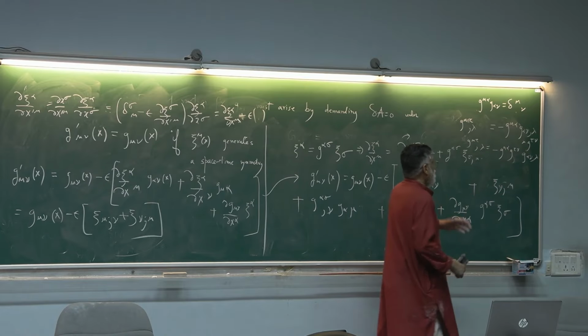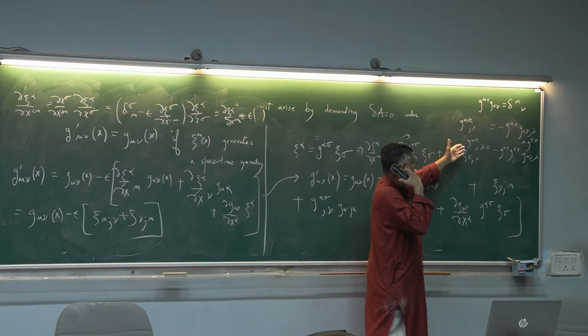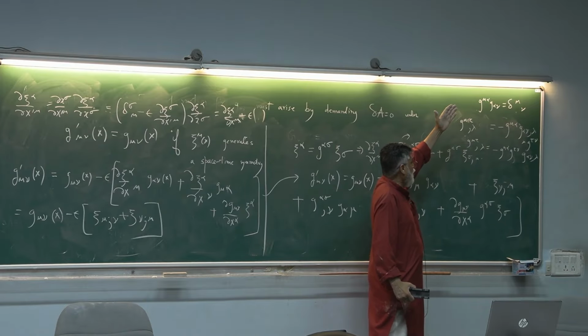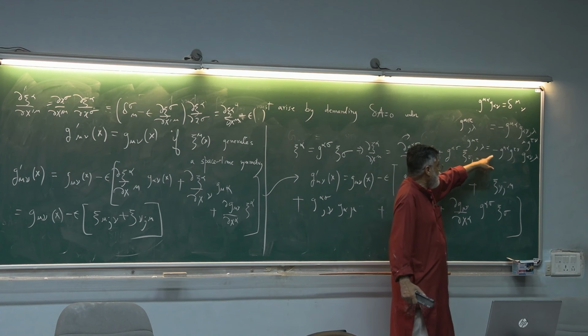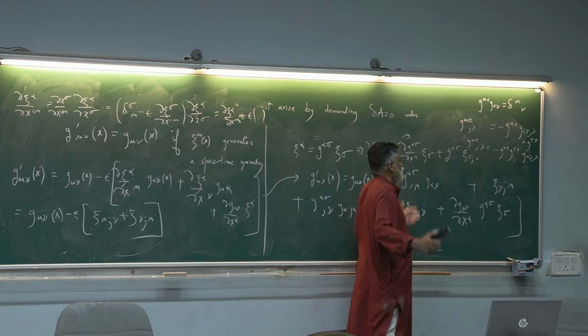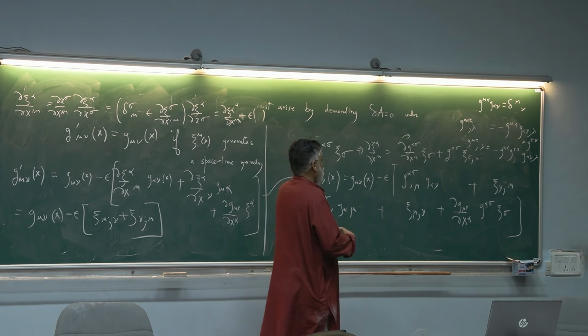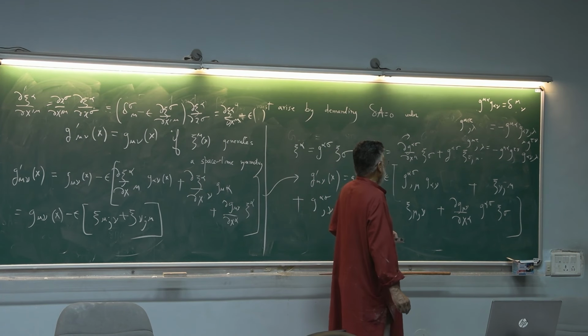Okay. So that means what? The derivative of the upper metric is nothing but, with a minus sign, you put in the tensorial properties. Okay. That's all. So therefore now we can use that result. This will come with a negative sign.